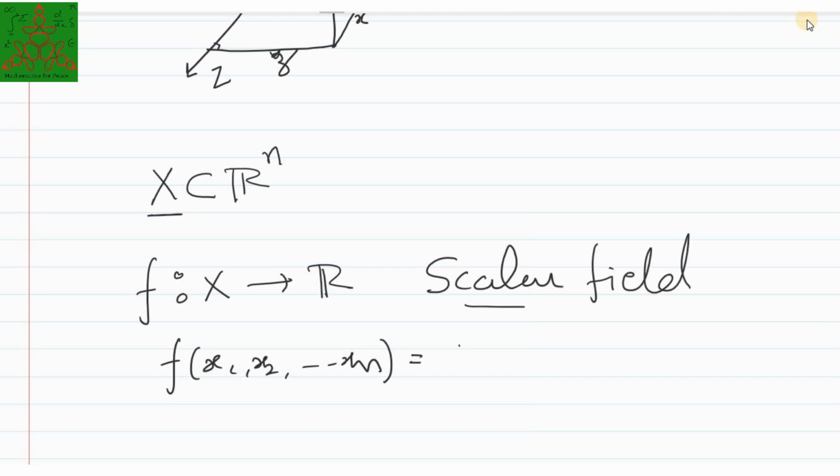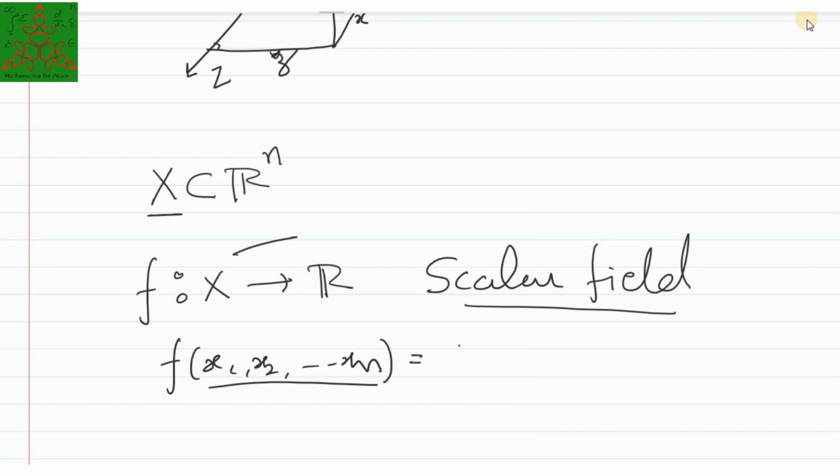In physics, you might have heard about the scalar product, which gives you a scalar output. So if you consider this input as a vector, then its output is a scalar, not a vector. That's why it's called a scalar field.